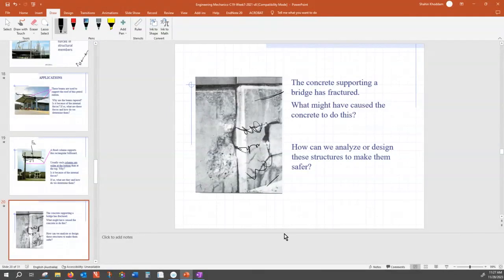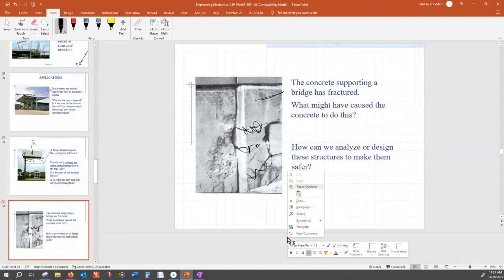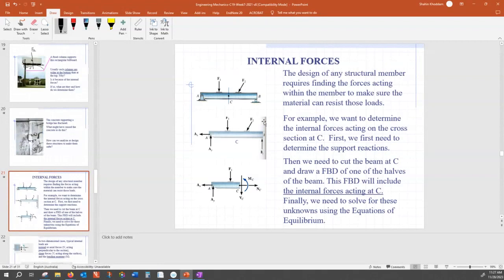So this is very important for us. Whenever we are finding the internal forces, we should be able to say whether this is a tensile force or a compressive force, because not all materials respond the same in compression and tension. Okay, so that is what we can learn from this observation.